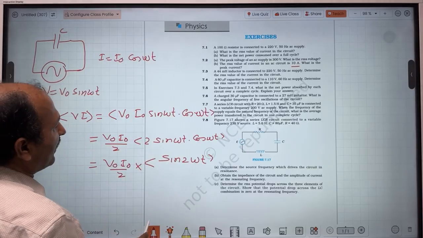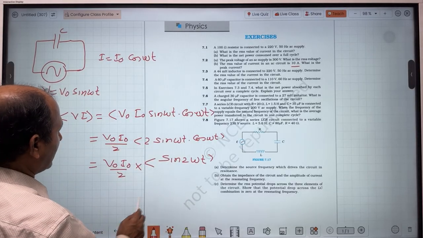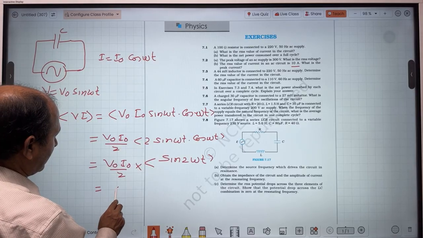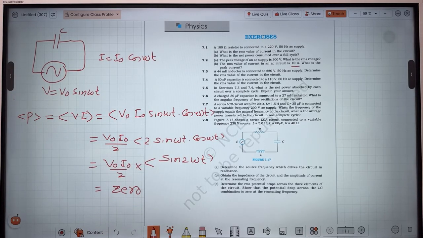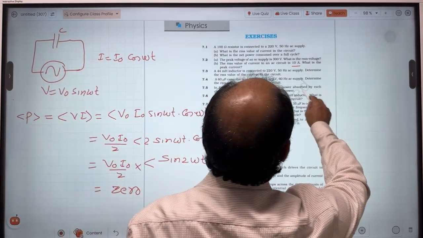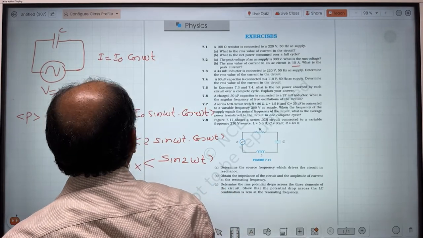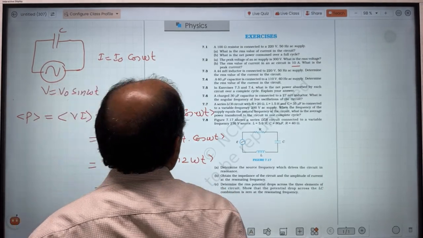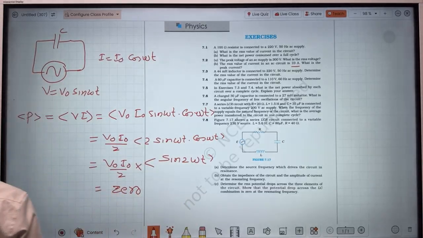And recently we have seen that the average value of sine n omega t for a complete cycle becomes 0. So this will become 0. So what do we get? We have got that for a complete cycle, the power consumed in case of a capacitor or inductor is 0. So that is the answer to question number 7.5.